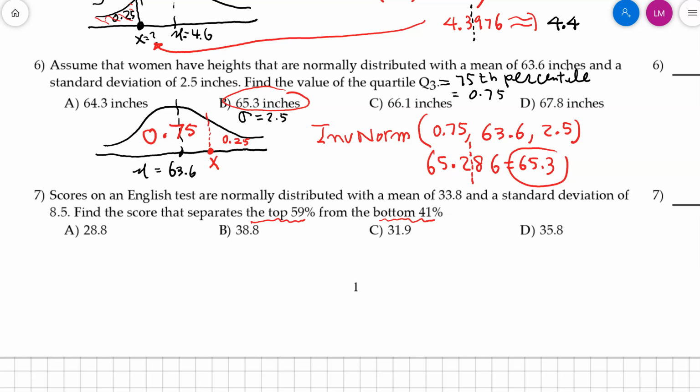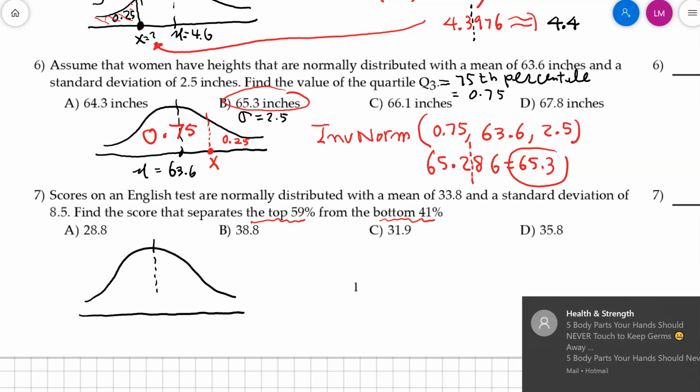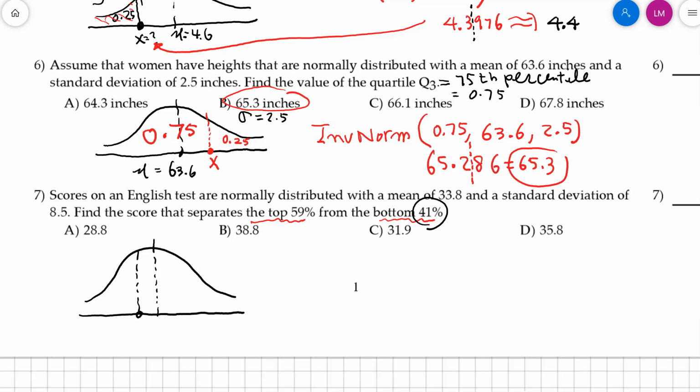So this means we have a normal distribution, bottom 41%. Maybe 41% is about there. This is 0.41, so this side is 0.59. That's the story here.